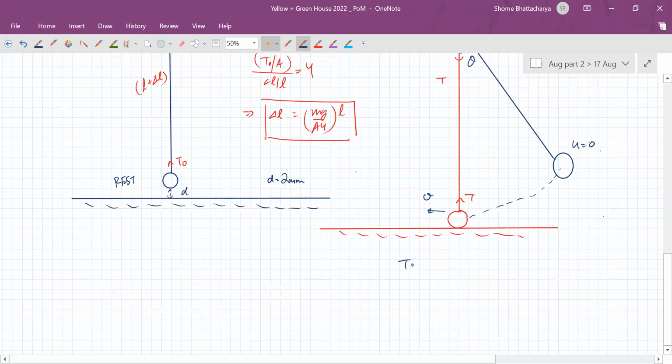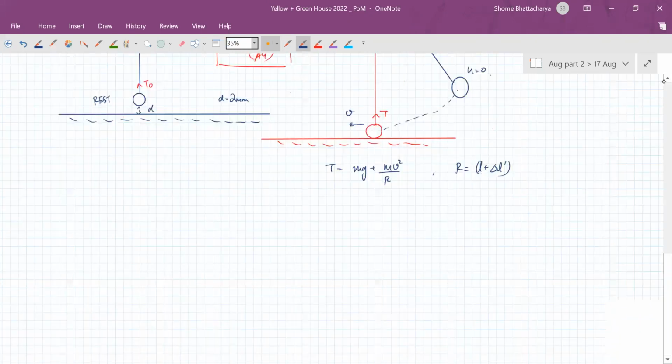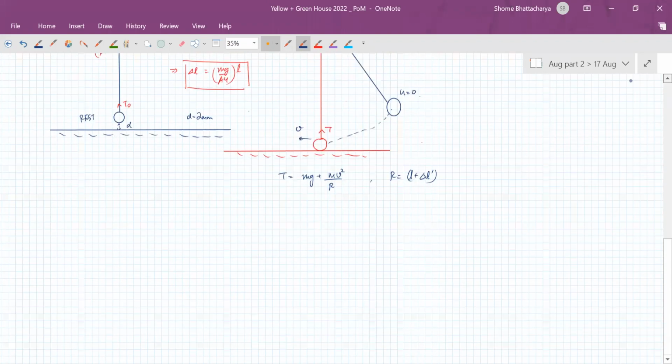So this T will become mg plus mv square by whatever this R is. The R over here is L plus delta L prime, because now the extension is going to be different compared to the previous case. Why? Because there's more tension, so there's going to be more extension also.